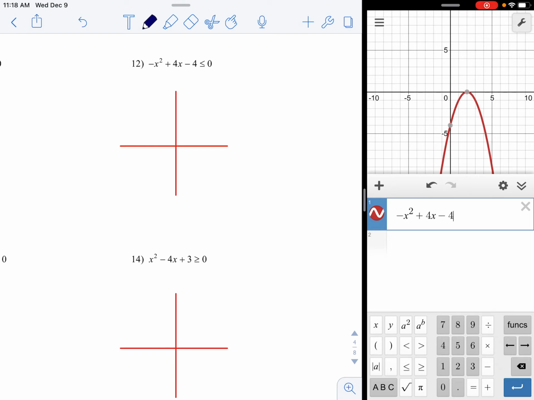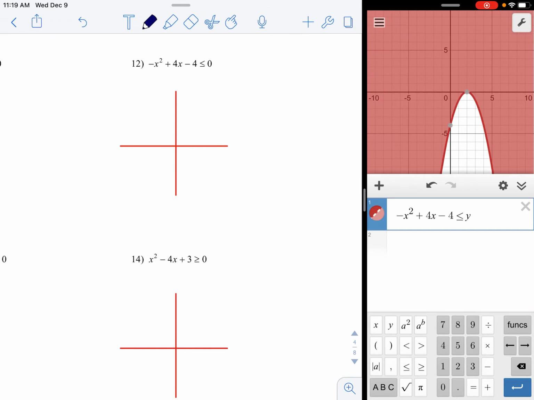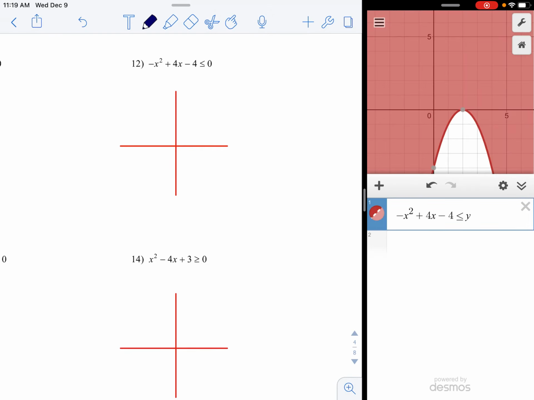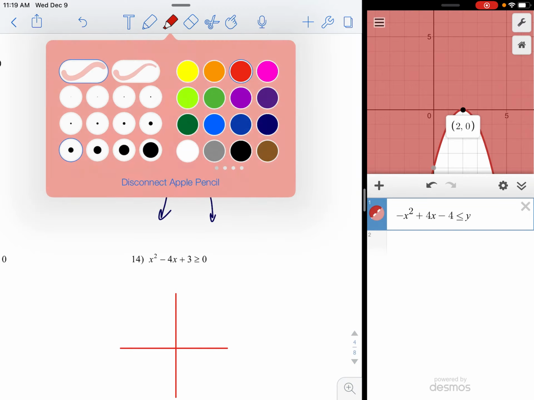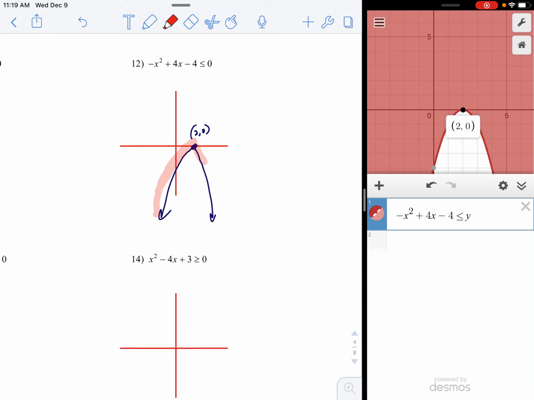Okay, next one, -x² plus 4x minus 4 less than or equal to y. Now here, the vertex is at 2, 0, and it opens downward, and it is shaded out here. The question is, where is the x-axis shaded?